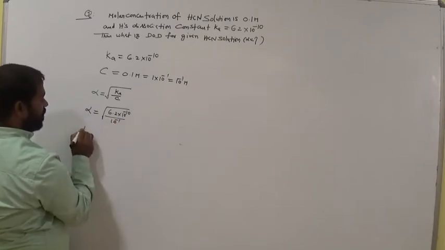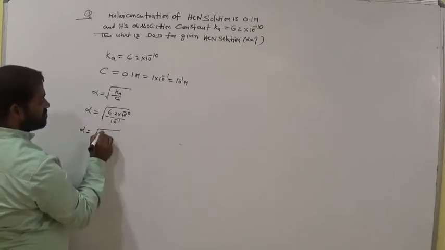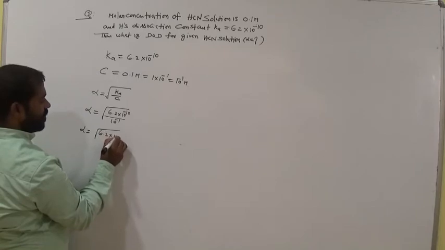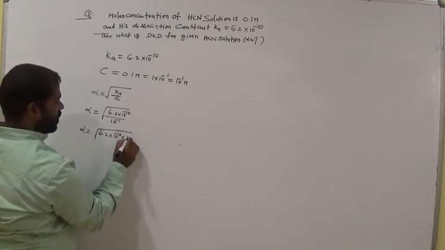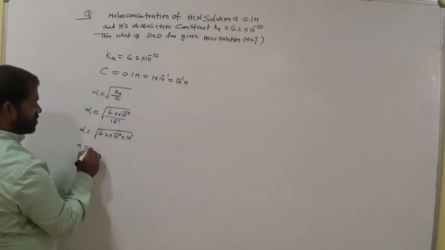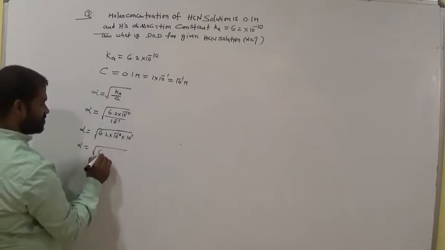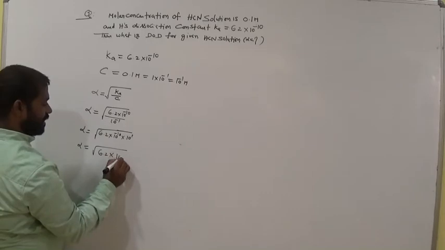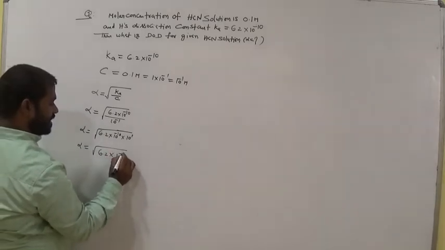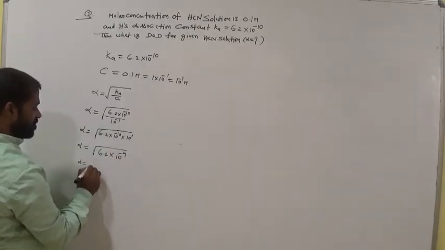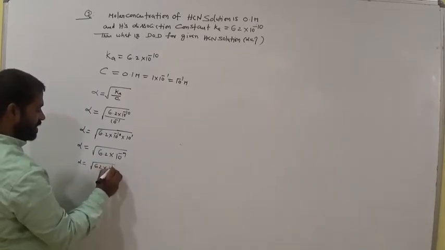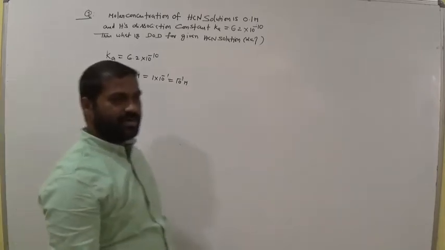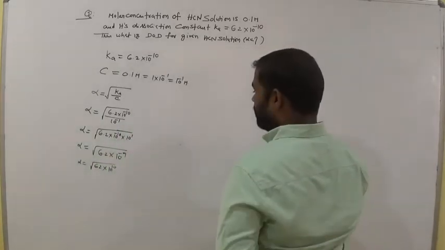So alpha equals square root of 6.2 into 10 power minus 10 into 10 power 1, which is 6.2 into 10 power minus 9. Alpha equals square root of 62 into 10 power minus 10.